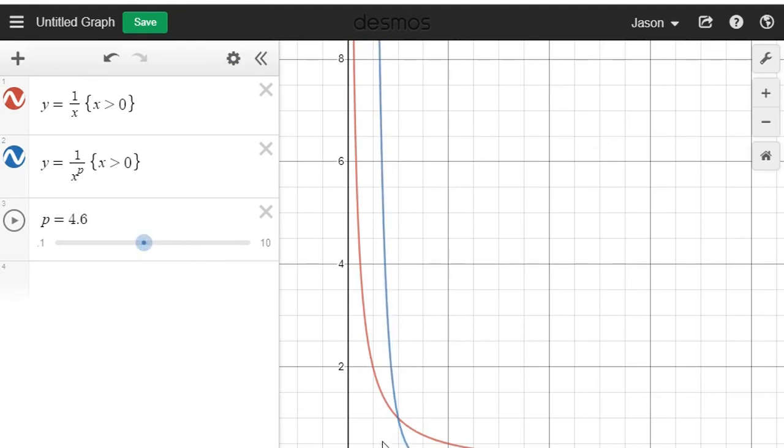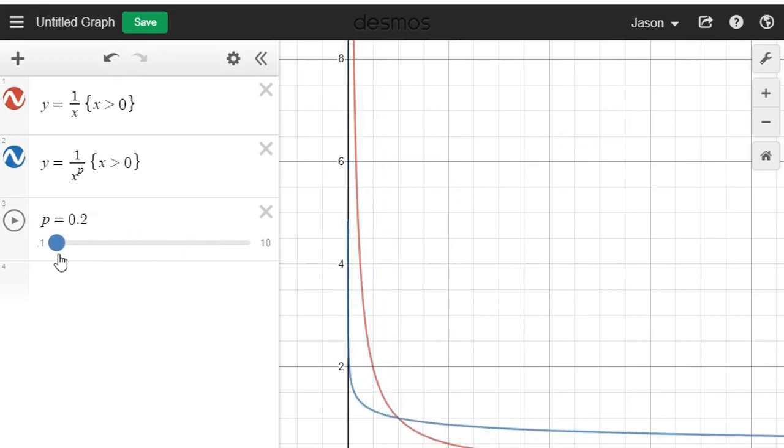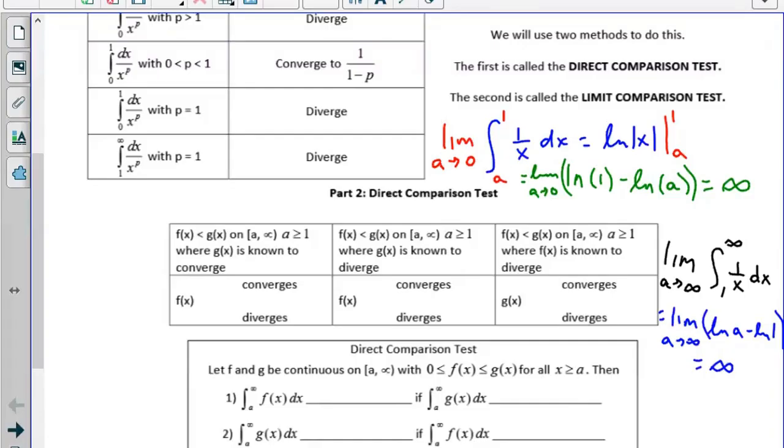And the area between 0 and 1 would be greater than 1 over x. And likewise, if p is smaller than 1, then the area after 1 is bigger than the red curve, which is 1 over x. And the area between 0 and 1 is definitely a lot smaller, between the x-axis and the blue curve versus the x-axis and the red curve.